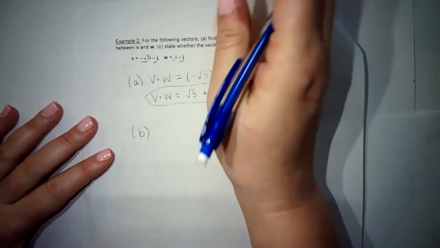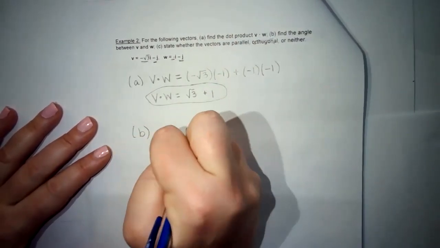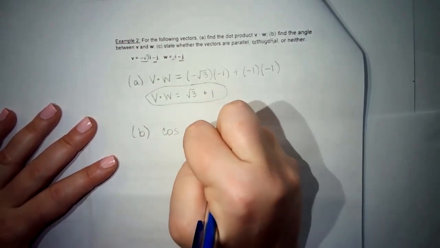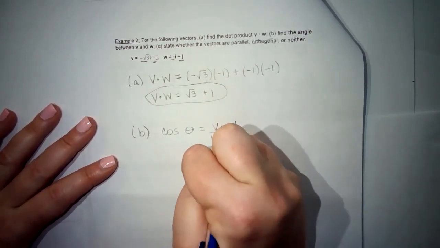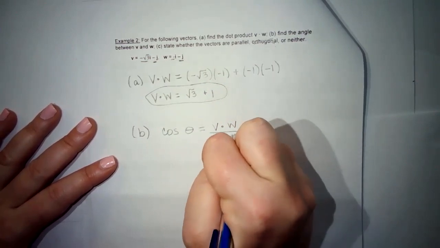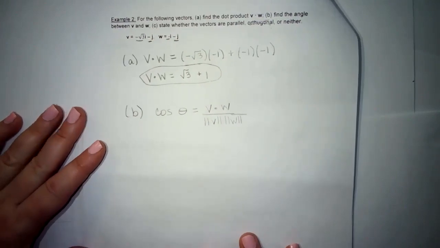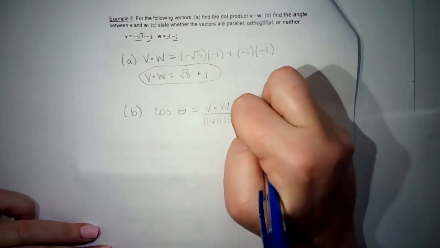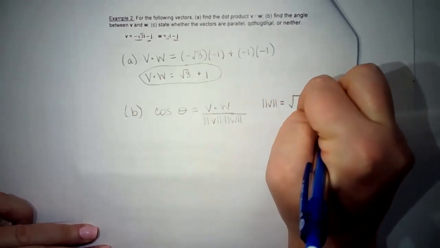Okay, let's try the next step. Now we want the angle between them. Remember, for the angle between them, cosine theta equals the dot product in the top, which just so happens we have from part A, over the magnitude of each one multiplied together in the bottom. I already have my numerator, so now let me work on my magnitudes. Let me find the magnitude of v.